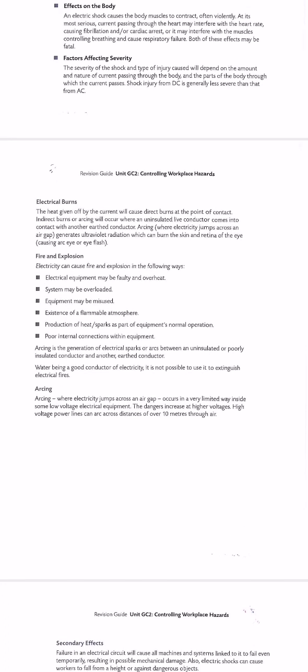Then you're talking about equipment may be misused. For example, when you misuse or overuse certain equipment, it can lead to explosion, and also it can lead to failure of electrical power, right? Then another point, number 4, talking about existence of a flammable atmosphere, right?